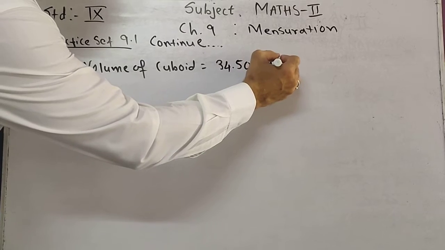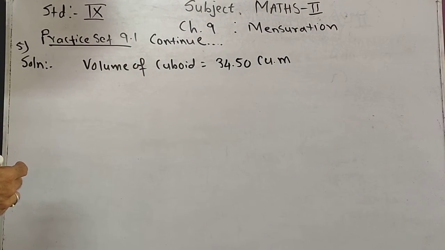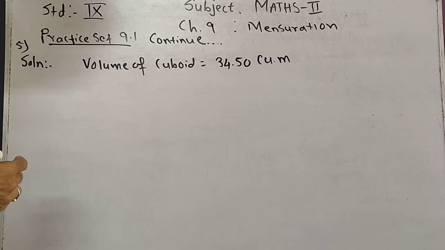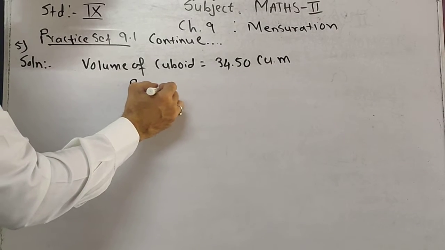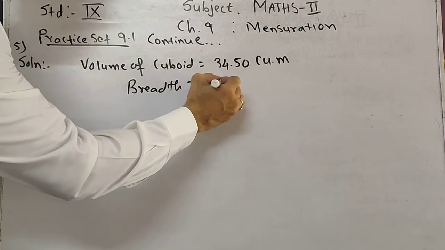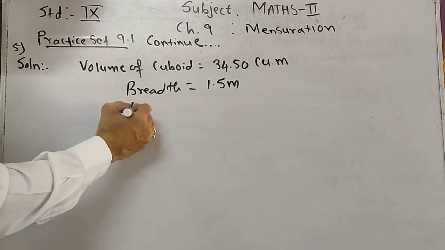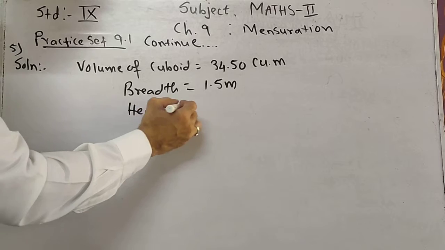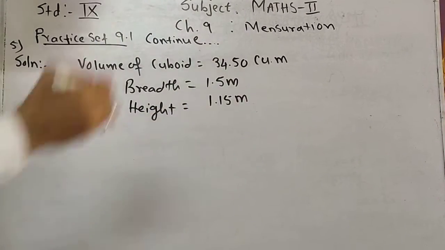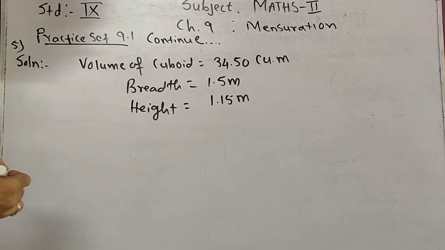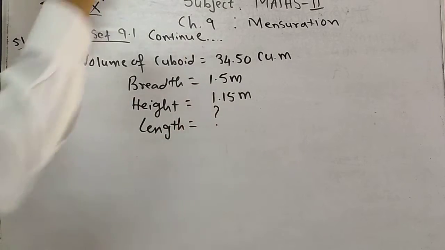Breadth and height of the cuboid are 1.5 meter and 1.15 meter, and you have to find the length of the cuboid. Length of the cuboid is missing.